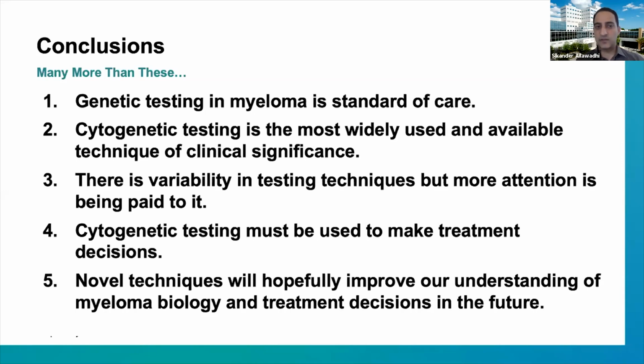Cytogenetic testing, as I said, with FISH or karyotype is most widely used and is available and is of very important clinical significance. There is variability in testing techniques, but more attention is being paid to that now, and hopefully we'll have more standardized guidelines, but I want everybody to consider taking that report and talking to your doctors.